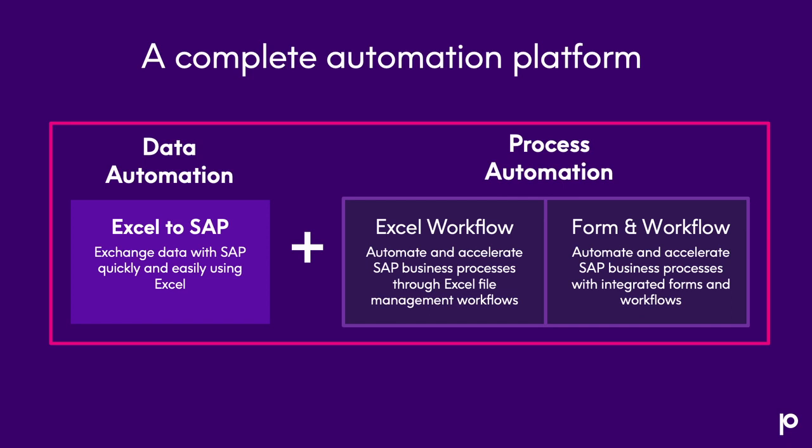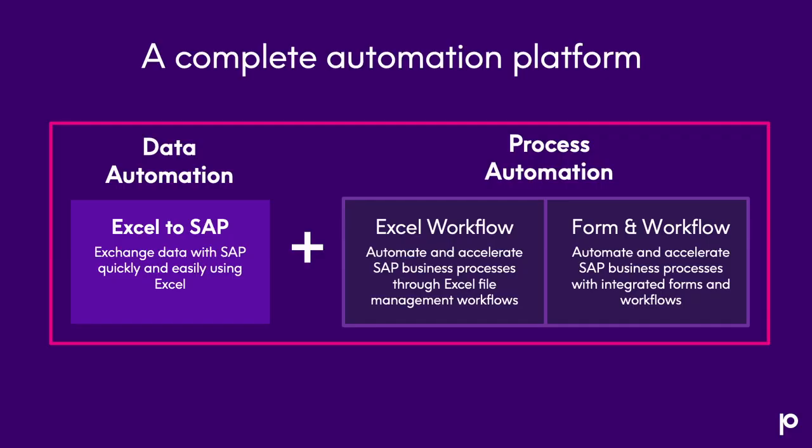And what does that combination give you? Well, it gives you a complete automation platform. It gives you that data automation for those mass data processes. You're going to manage those in Excel, and there's a very good chance many of you are already doing that. We know that there was some research that came out from 451 that they found that well over 60% of organizations are creating and managing their data, or their data originates in Excel files.